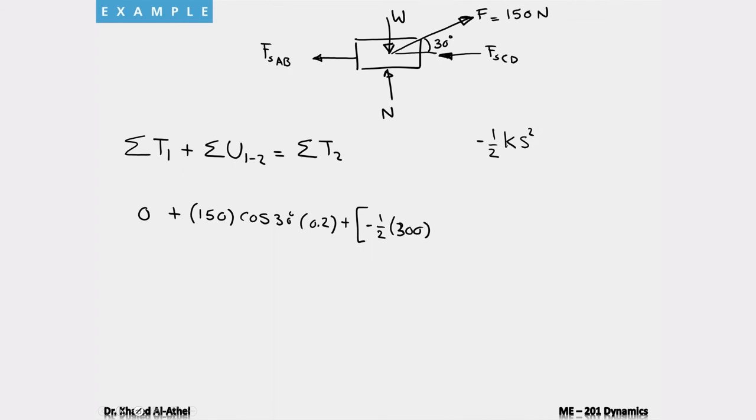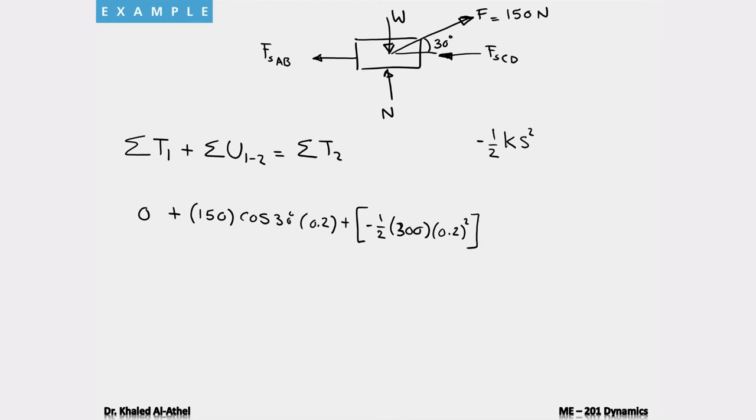So back to my equation. This is going to be minus half K S squared. It's going to be 0.2 because I'm writing in meters instead of millimeters, so it's going to be 0.2 squared. That's it.